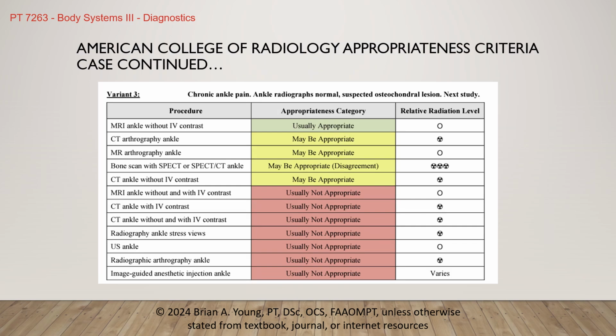Now, what about someone with chronic ankle pain? Ankle radiographs are normal, suspect a chondral lesion, and so there's a chronic ankle pain topic that we can use. If they have chronic ankle pain, radiographs are normal, and we think they may have a suspected osteochondral lesion, there are certain ways we can look at that. Maybe they have limited dorsiflexion, point tenderness over the talar dome.